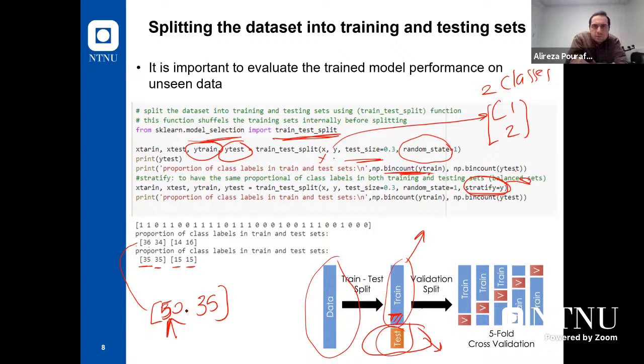For example, some systems are biased against women when they apply for jobs. So you have male and female CVs, and if you have more male CVs in the training data set, the model will be more familiar with male applicants, and it will make decisions which are biased against women.